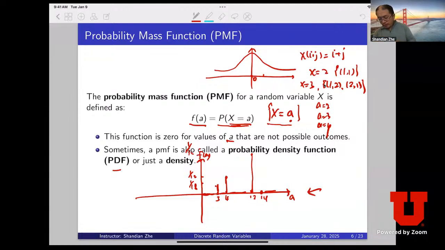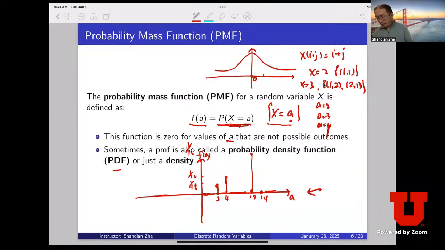So you can imagine in this A-axis, you're gonna pick up a set of values A which give non-zero probabilities, which are the non-zero probability mass function values, right? For all the other A values whose corresponding event has a zero probability, the probability mass function should be zero as well. That's why when you look at this PMF, it should be like discrete vertical lines, right?